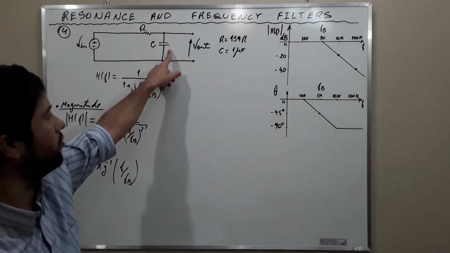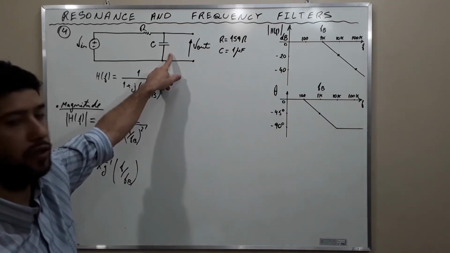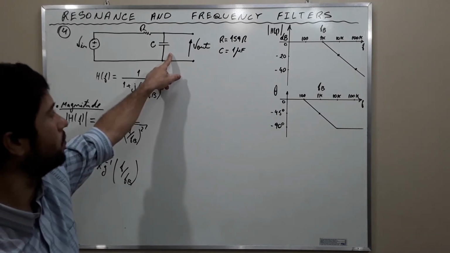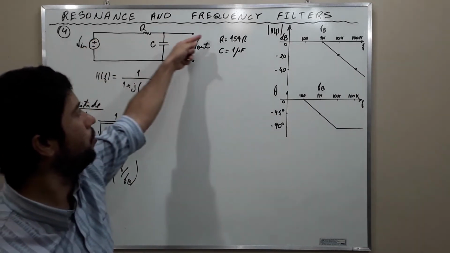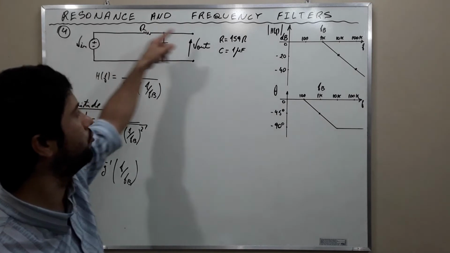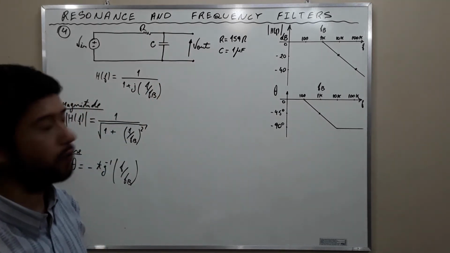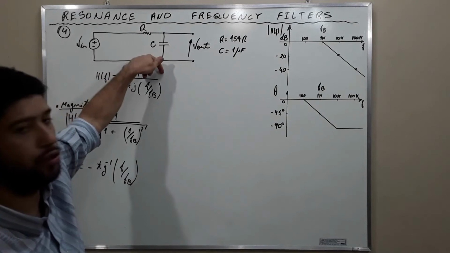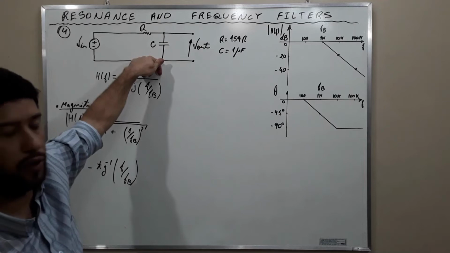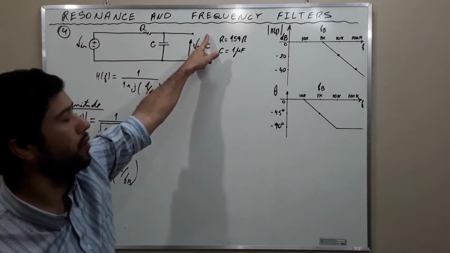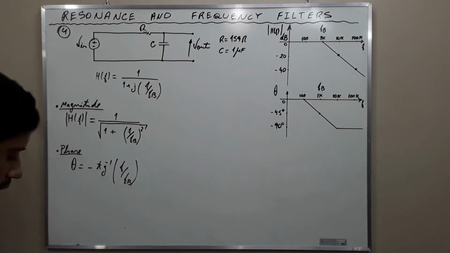Observe that the capacitor is connected shunt here. For low frequencies, the signal will pass from input to output. But for high frequencies, the signal will go to ground. The capacitor is going to drain high frequencies to ground. The signal is not going to pass from input to output. And alright, I said it in words. Let's try to understand it with numbers.